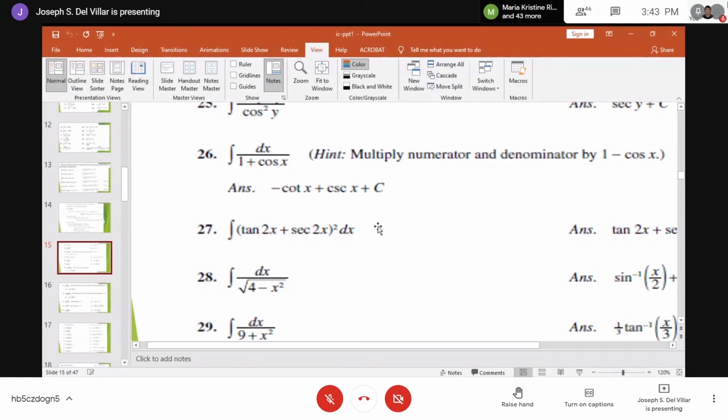So yung natira na, di ba, minus cosine x over sine x, so that is cosine over sine is cotangent. Okay? Tapos, what is next? Para maintindihan ng iba.